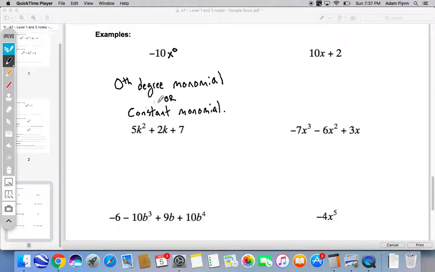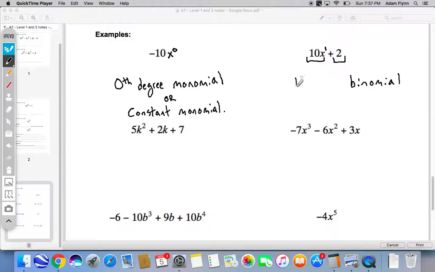So if we go over to this one, we have 10x plus 2. Well, first I'll count my terms. I have 2 of them, so I know it's a binomial. I'm going to look for my highest power. I have x, just x, so we know that's to the first power.